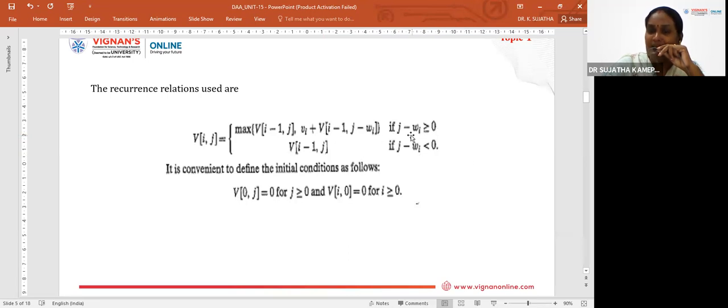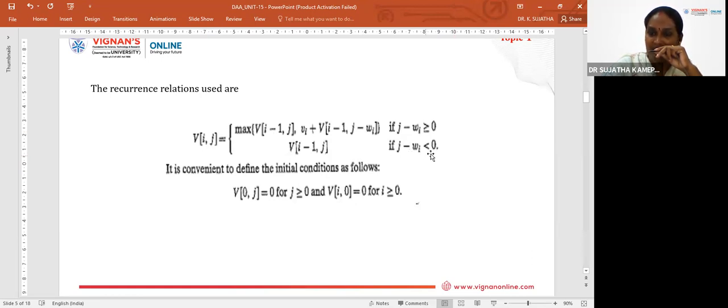If j minus wi, that is the capacity minus the weight of the ith object, is greater than or equal to 0, then we find the entries of a matrix-like representation, the value matrix, V of i comma j, using this expression.